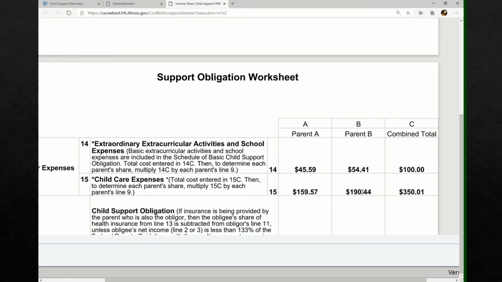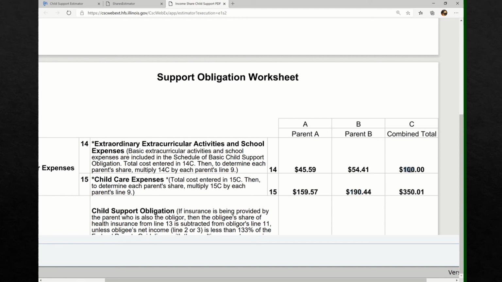And whoever pays, so basically what it means is that if your ex paid the $350 for the nanny, then you're obligated to send him or her a check for $190.44 for that expense to pay for your obligation.